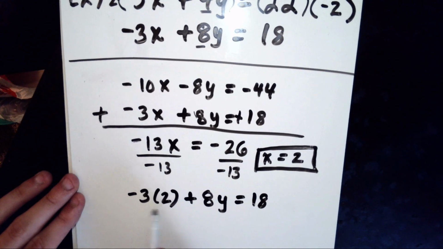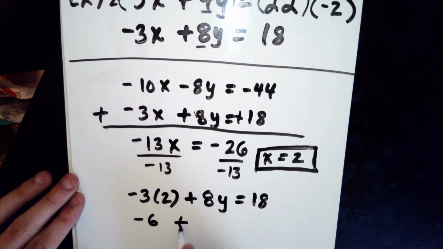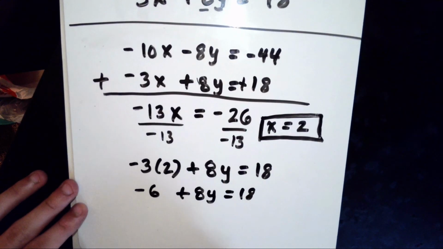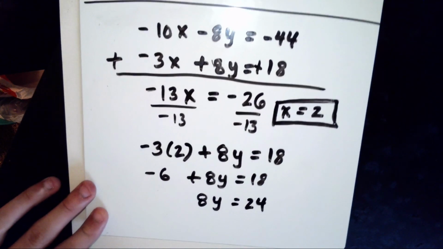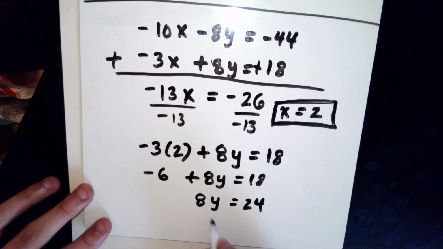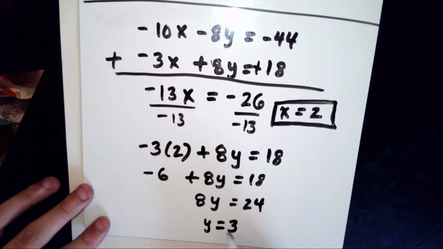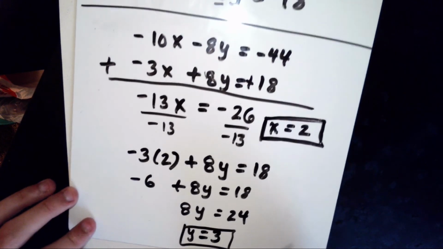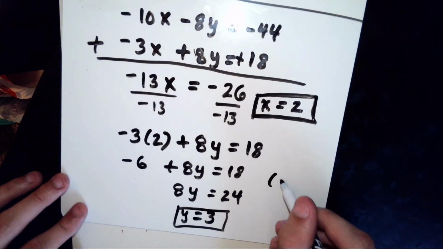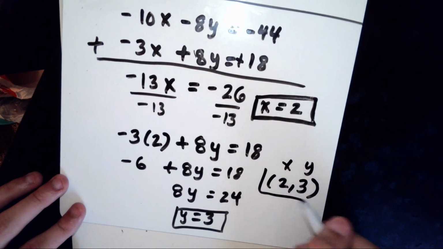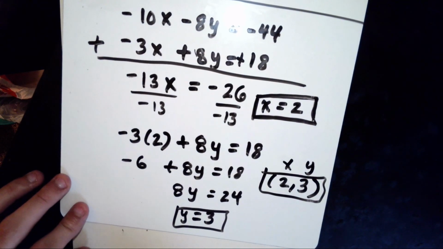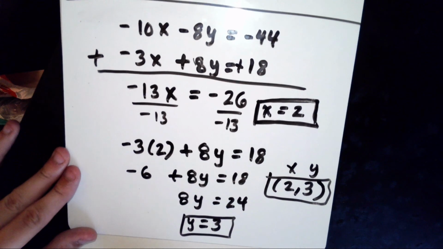Well, this is the same as -6 plus 8y is 18. So we can add 6 to both sides, which leaves us with 8y is 24. And then dividing by 8 leaves us with y is 3. So the solution to this system is the point 2, 3. This is x, y. This is our solution to this system via elimination.